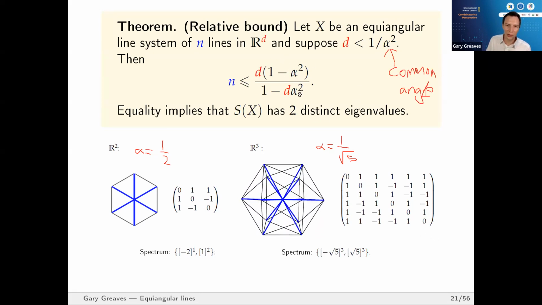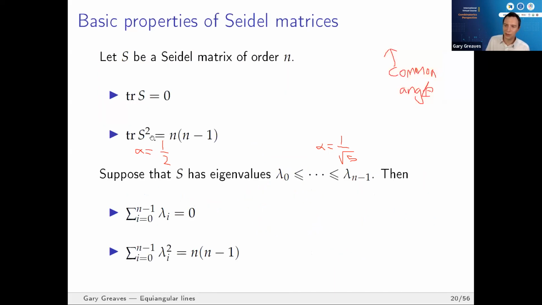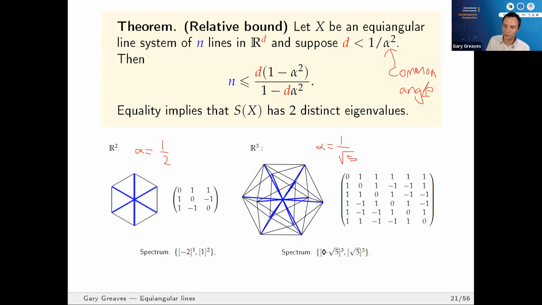And again, we get equality in the relative bound. And so therefore the spectrum of this matrix consists of just 2 distinct eigenvalues, in this case, minus square root 5 and square root 5. Another thing you can do is check that all these trace identities hold for these 2 matrices. And here you can also check that the smallest eigenvalue is -1 over alpha.